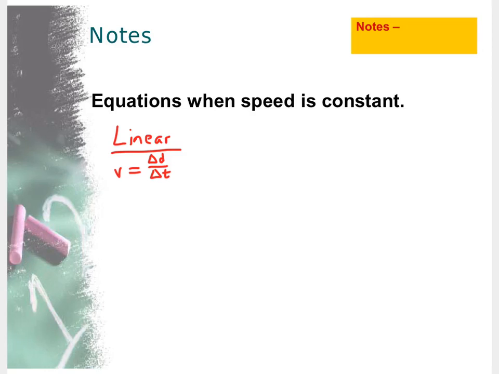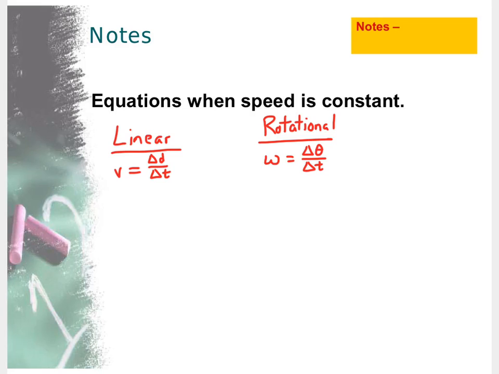Well, it turns out that when you're talking about angular motion or rotational motion, because we're talking about motion around a circle, we have a very similar formula. Omega equals the change in theta over the change in time.